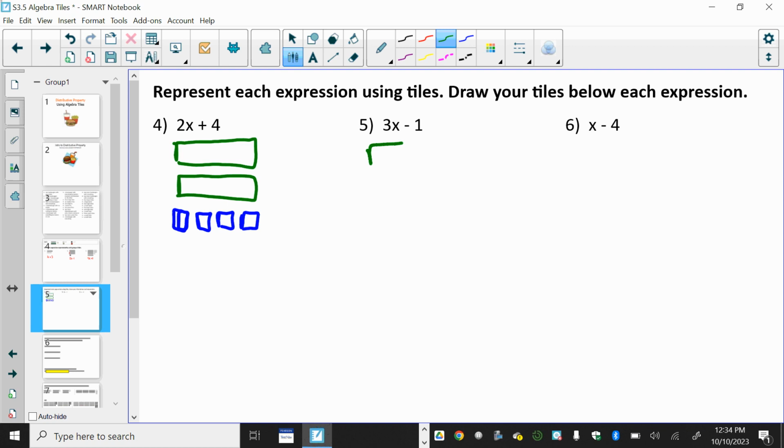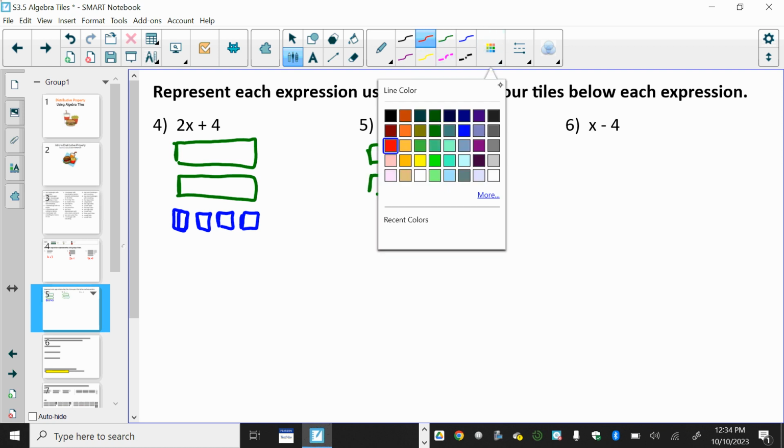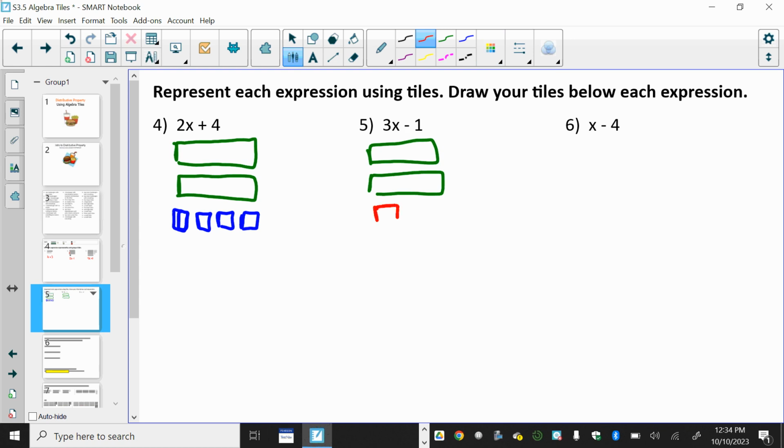We have 1, 2, minus 1. I'm going to color that one solid. Again, we have 1x, 1, 2, minus 4. 1, 2, 3. So we've just represented these. Now we have an idea of how to type this out.